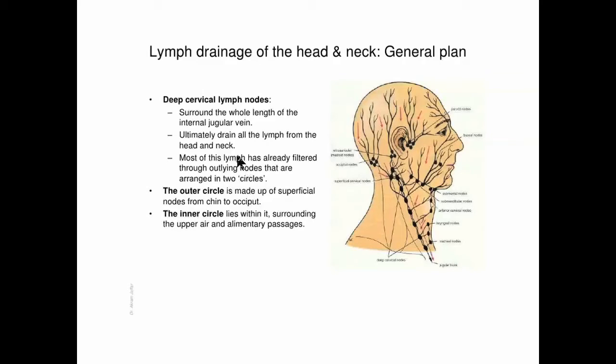And there are outlying nodes that will have received most of this lymph flow prior to its secondary appearance in the cervical nodes. The outer circle is made up of superficial nodes from the chin to the occiput, and the inner circle lies within it, surrounding the upper airway and the alimentary passages.